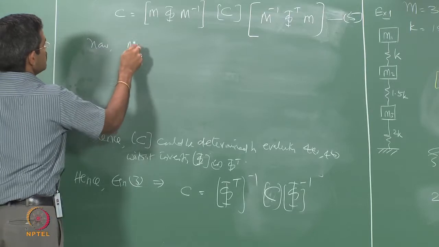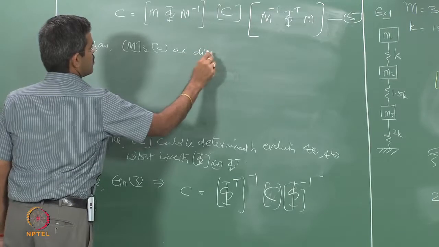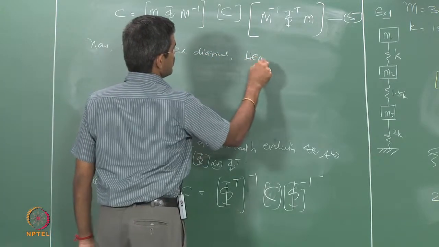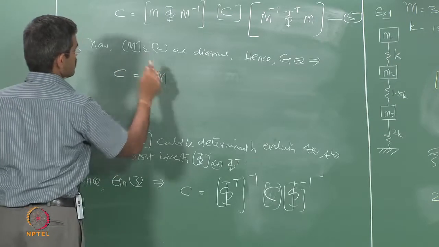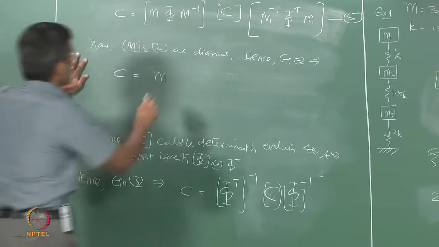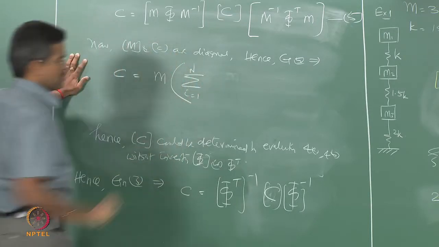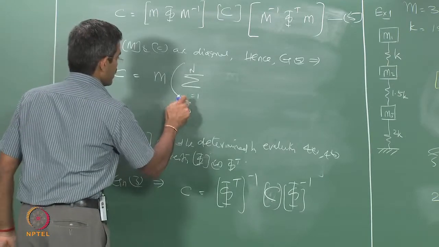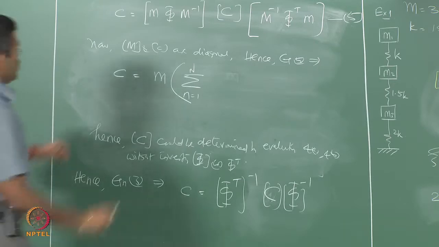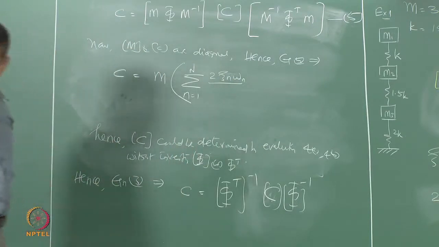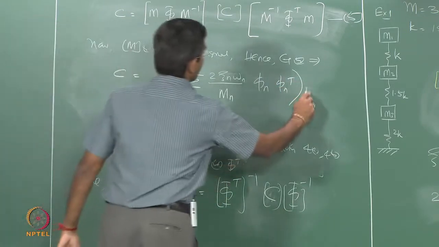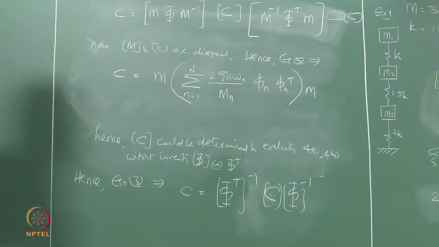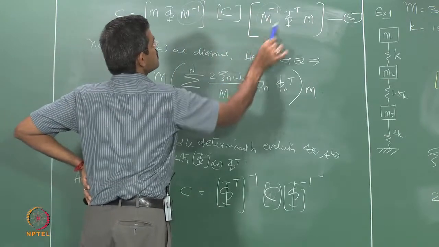Now, M and C are diagonal. Hence, equation 5 now becomes: I can take this M out, which is common in both cases, summation of n, let us use the count n, because we have used n everywhere, 2 zeta n omega n by normalized mass matrix Mn, phi n transpose of M. This is true because this is diagonal, this is also diagonal.